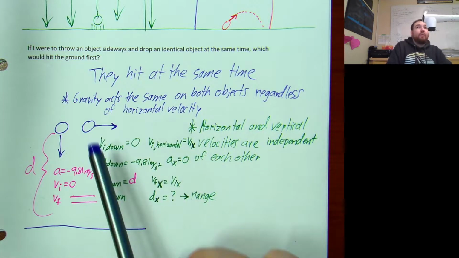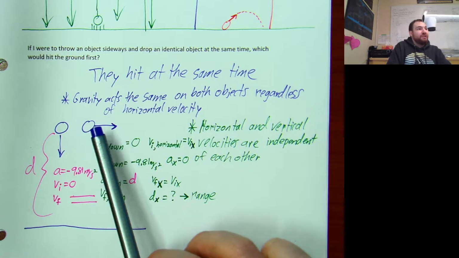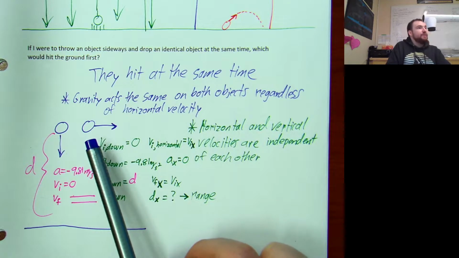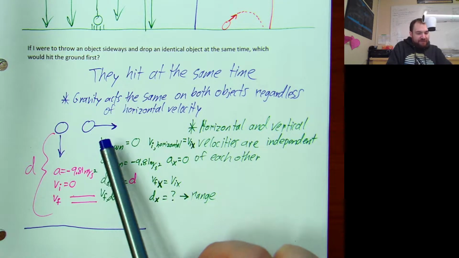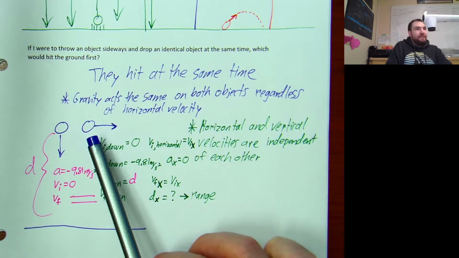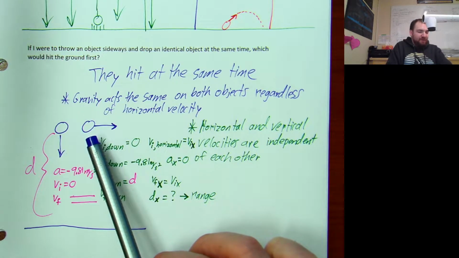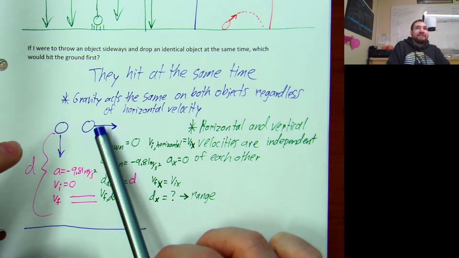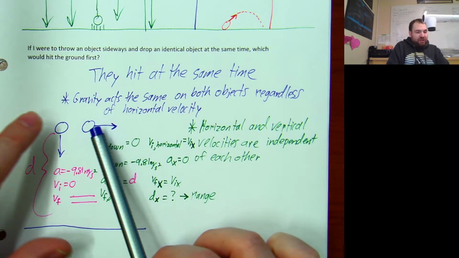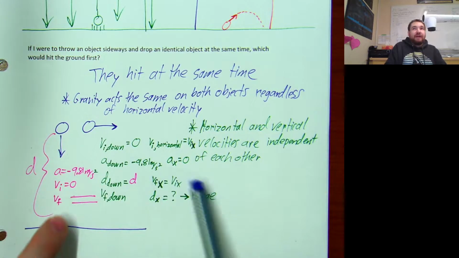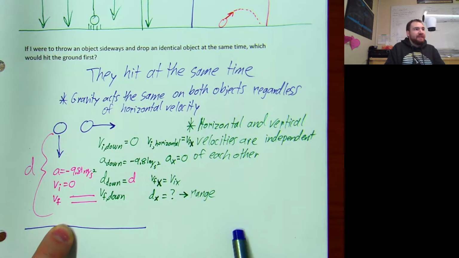It doesn't matter what kind of horizontal velocity you give these objects, because ultimately we're ignoring anything that might give them lift. There are no wings on a baseball, for example. It doesn't matter how fast the thing's going horizontally. These two objects are going to hit the ground at the same time, just not beside each other.